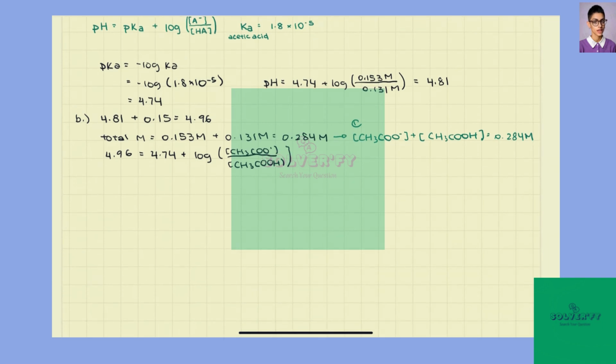And plugging in our values into our calculator, we know that the ratio is equal to 1.644.